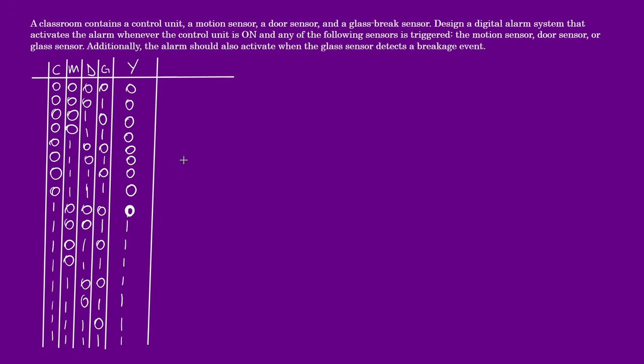so looking at the scenario we have here, now we need to write out a Boolean expression for this. So we're going to look at the region where our output is high.